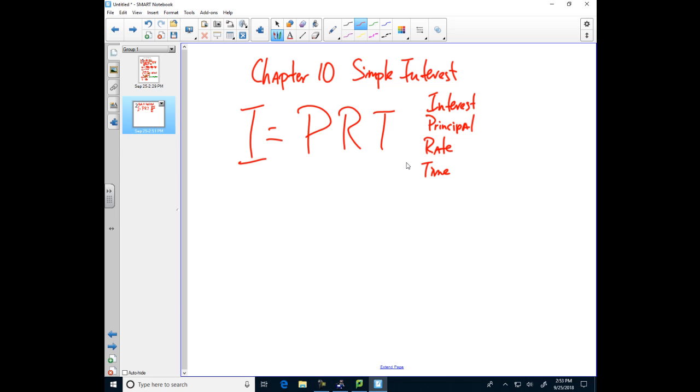Now, the next thing you need to remember is there are actually two ways of looking at the time. It's on page 267. It talks about method 1.